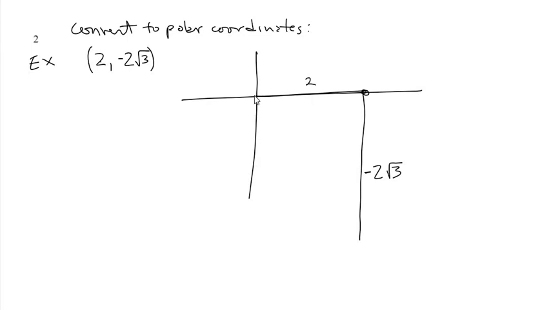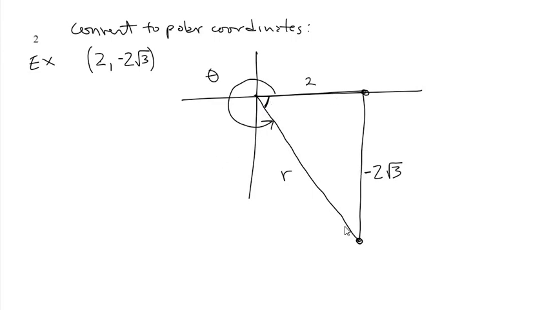Okay, and I need to know how far this point that I've reached is from the origin, and I need to know what this angle is. And of course, to figure out that angle, it would be very helpful to know this angle.